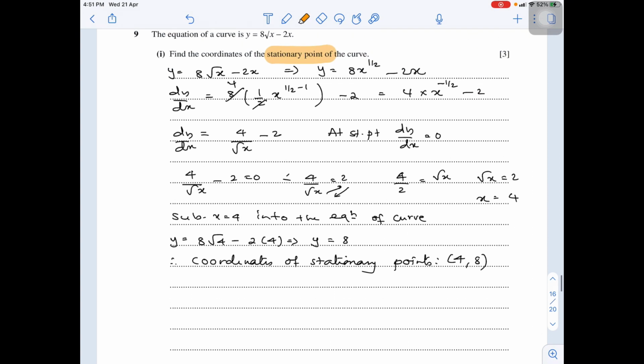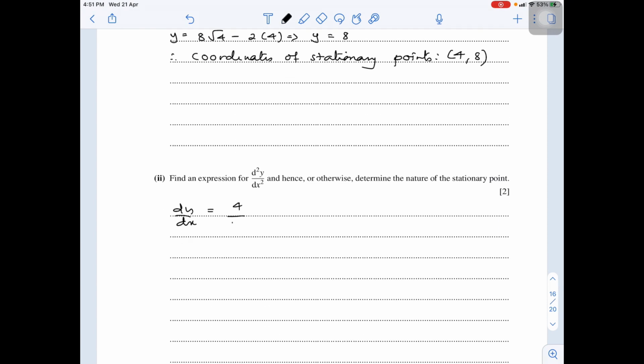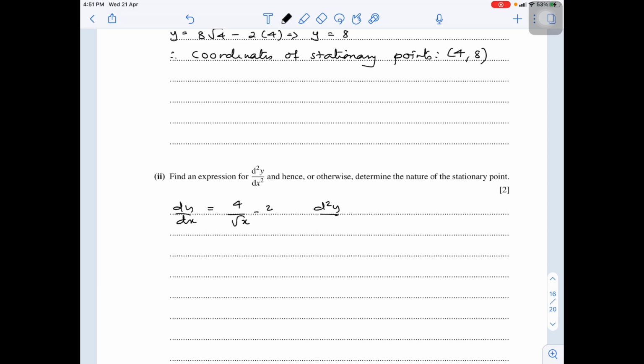First, dy over dx we have calculated, and we got 4 over root x minus 2. I'm using that. What's d squared y over dx squared? The second derivative.